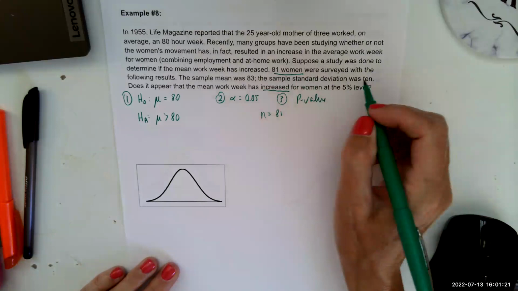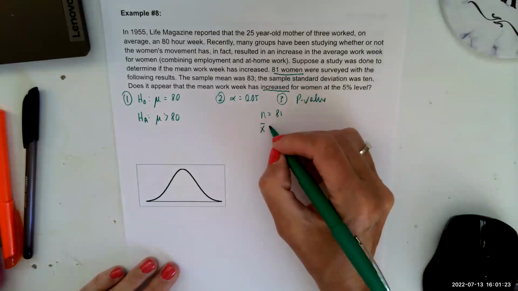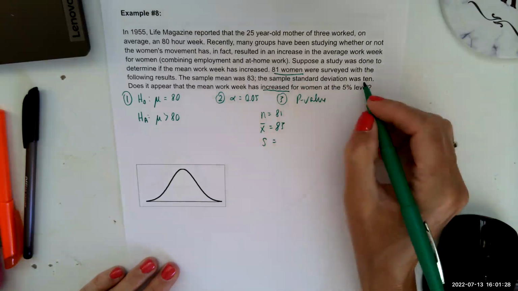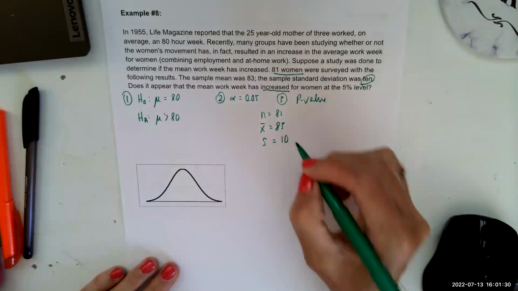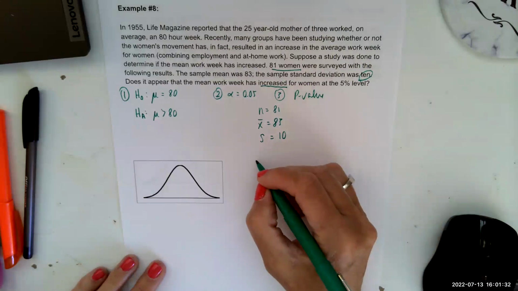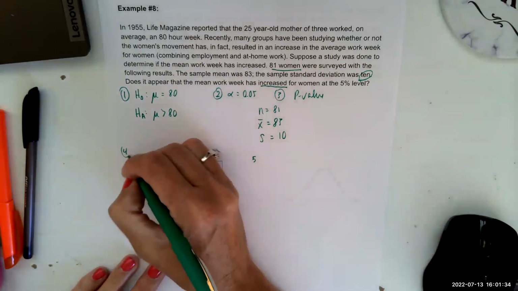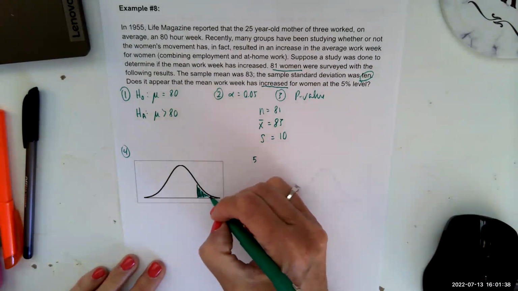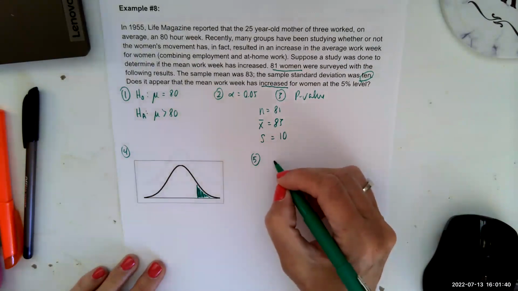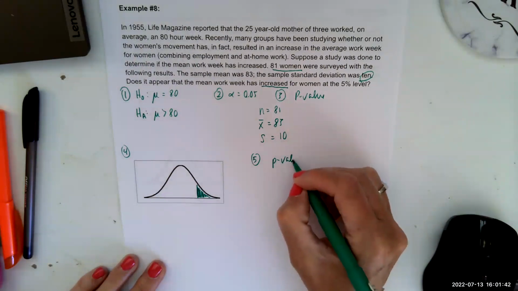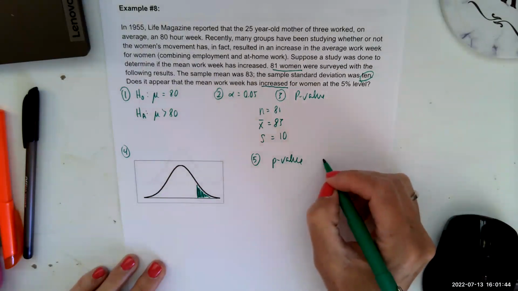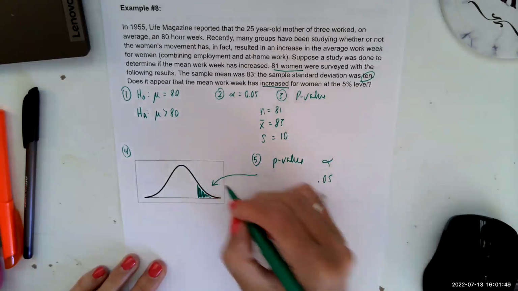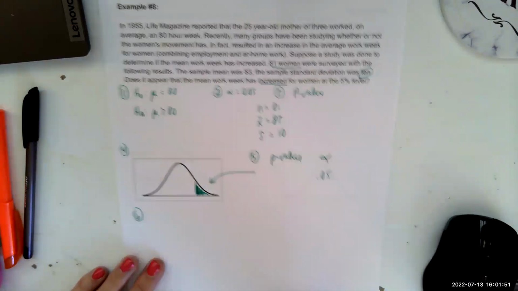The sample mean was 83, and the sample standard deviation is 10. Step 4 is going to be a p-value graph, which is greater than here. And step 5 is we're going to find the p-value and compare it to alpha, which is 0.05. And then, of course, our conclusion.